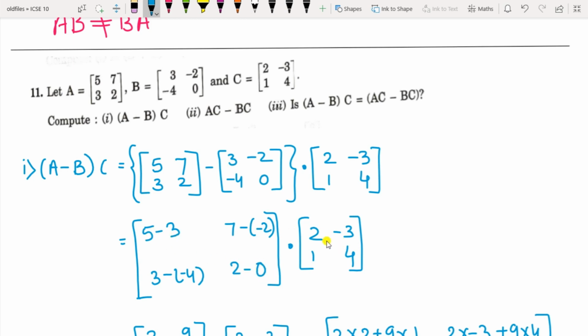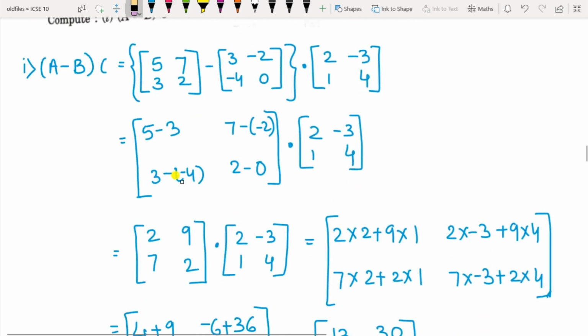So 5 minus 3 is 2, 7 plus 2 will be 9 here. The subtraction I have written below. So 5 minus 3 is 2, 7 minus of minus 2 is 9, 3 plus 4 is 7 and 2 minus 0 is 2, and this is the C matrix for multiplication.